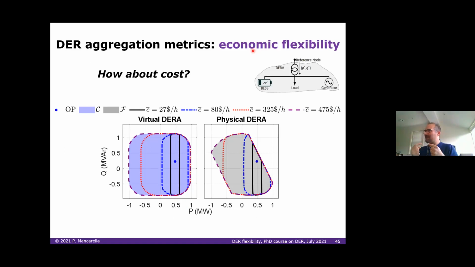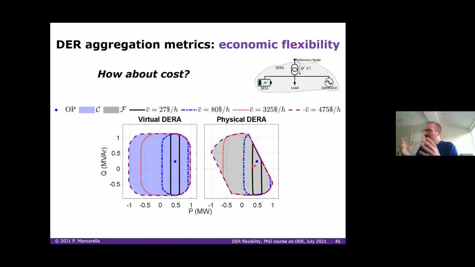How about cost? Obviously, if I'm operating at a certain point, let's say that I'm a cost-based aggregator playing the market, and I'm running my OPF, and I am now operating at this point. If I now change operating point, because there is a cost function associated with everything, it will cost something to move from one point to another, right?